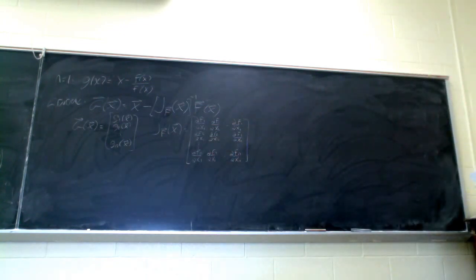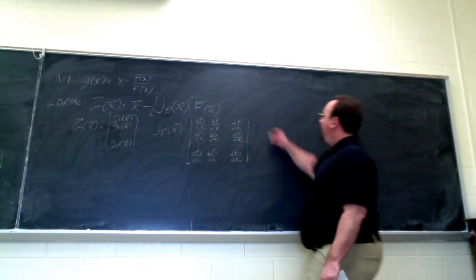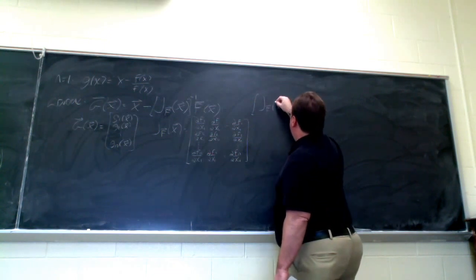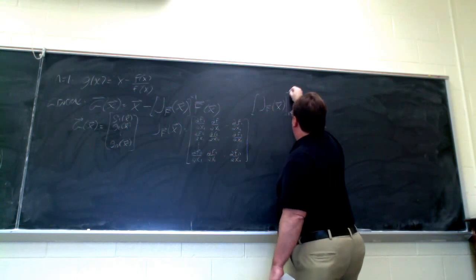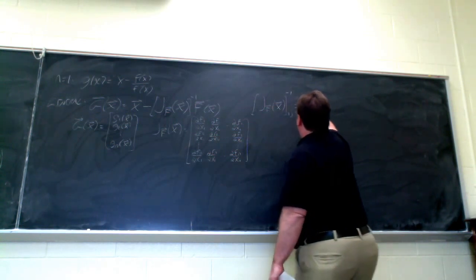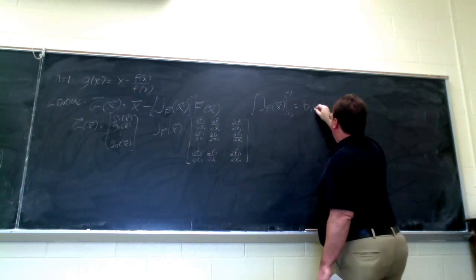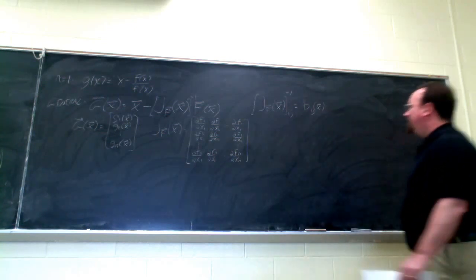But in our formula, we actually have the inverse. So for shorthand, I'm going to refer to the ij entry of the inverse Jacobian matrix as bij of x. So we have these unknown functions bij.